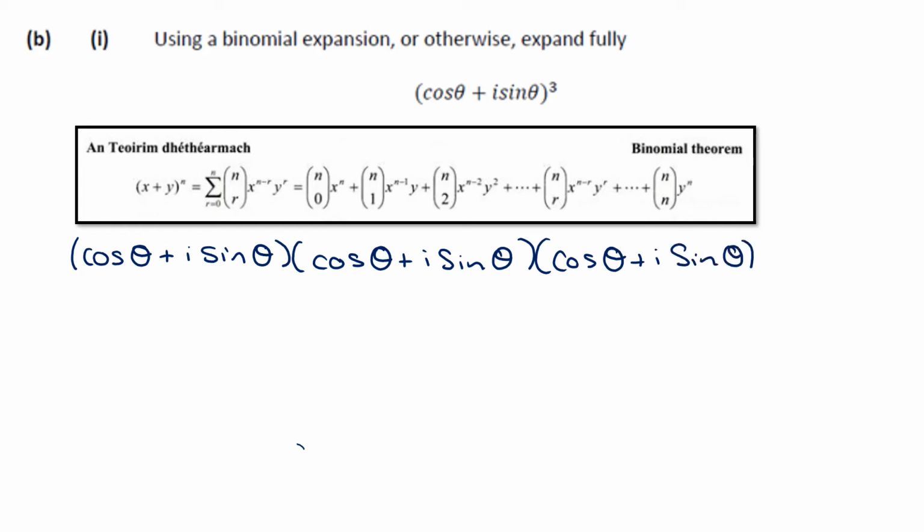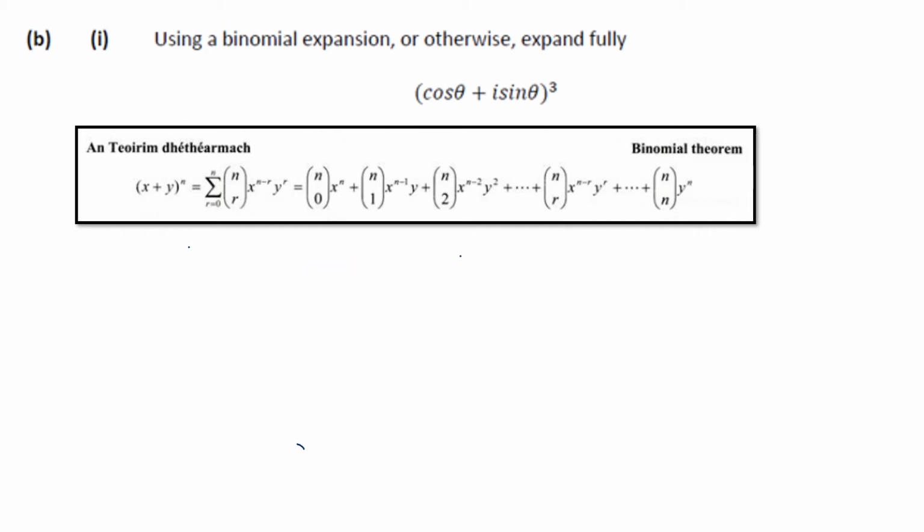Now that's going to be quite long and tedious, and I suppose you're working with sines and cosines, so you have to be really, really careful, but it will work. You can even go a step further and make life a little bit easier by using the shortcut for squaring it here, that will help. But I'm going to focus on actually using binomial expansion. Either way, you should end up with the same answer.